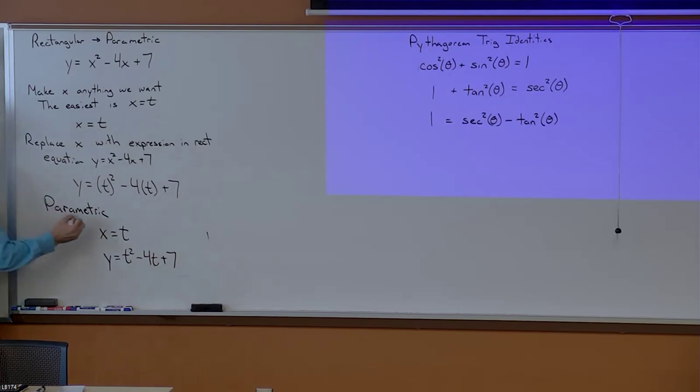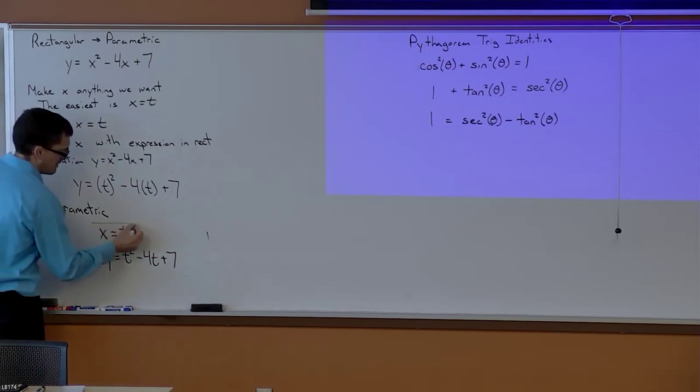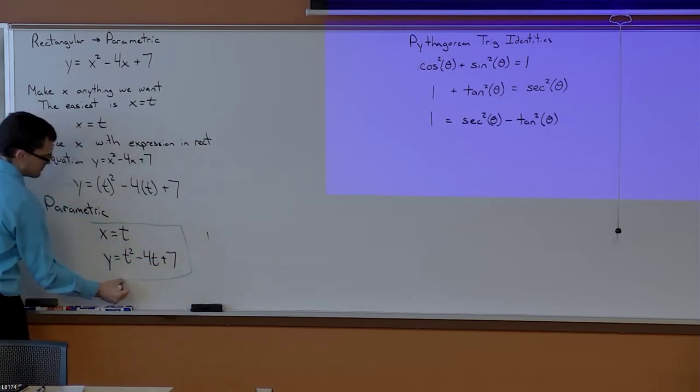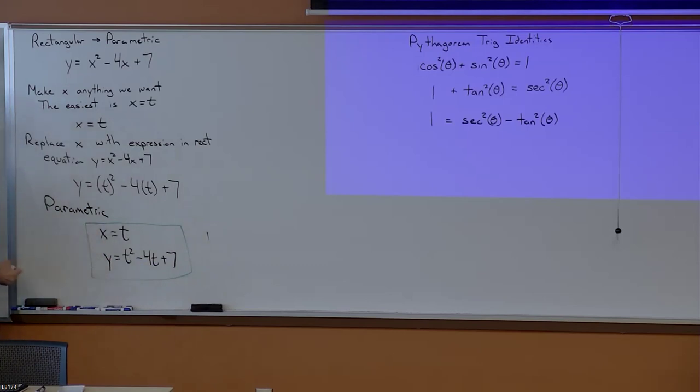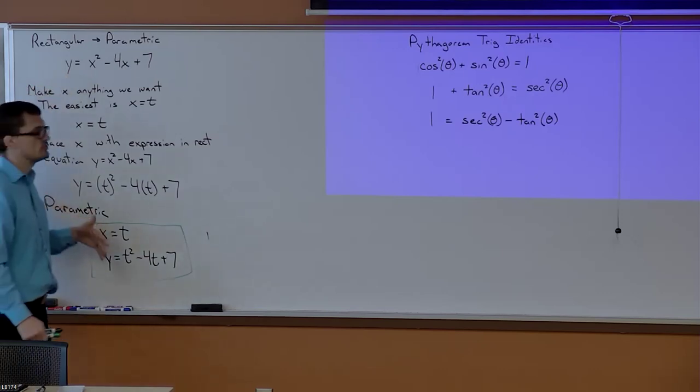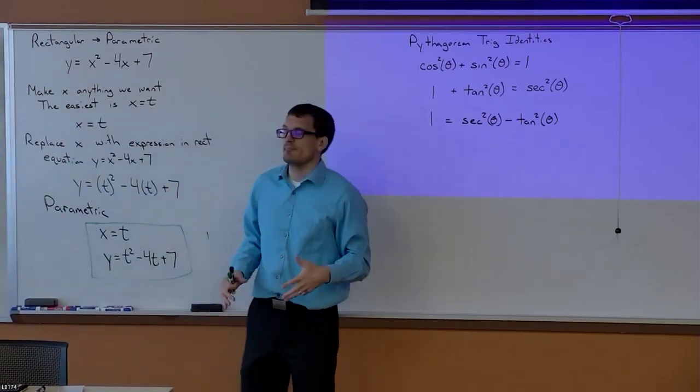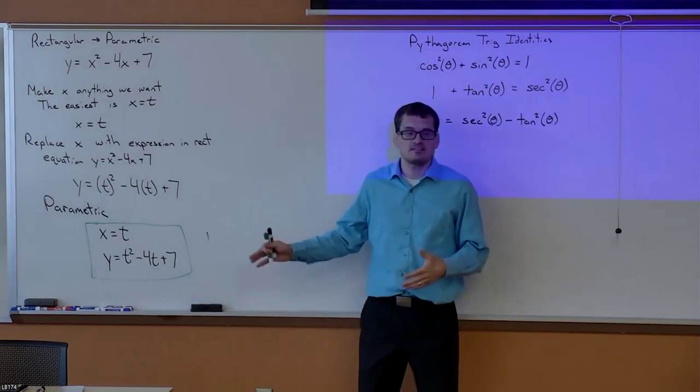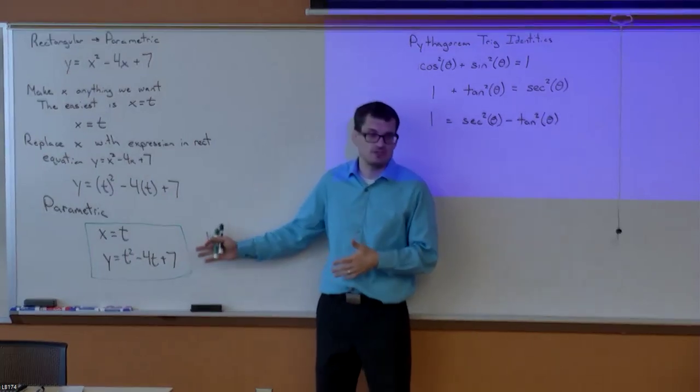And that would be my parametric set of equations with direct substitution. Now, in this case, I substituted out the x value because we had already solved for y here. This also shows you that there's infinitely many different sets of parametric equations that you could get.